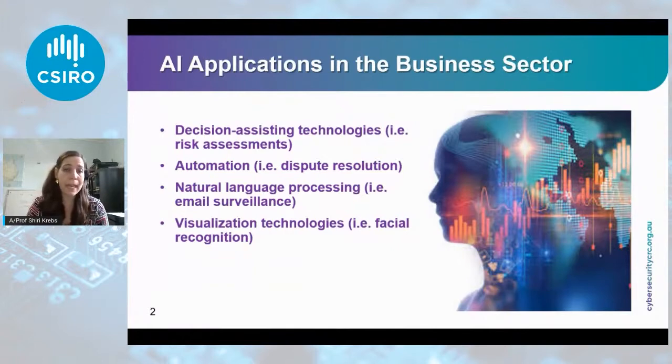Now, a third example that I wanted to highlight today relates to natural language processing, and these can have a variety of different purposes and utilization in the business sector. The one that I wanted to mention today is email surveillance in the workplace.